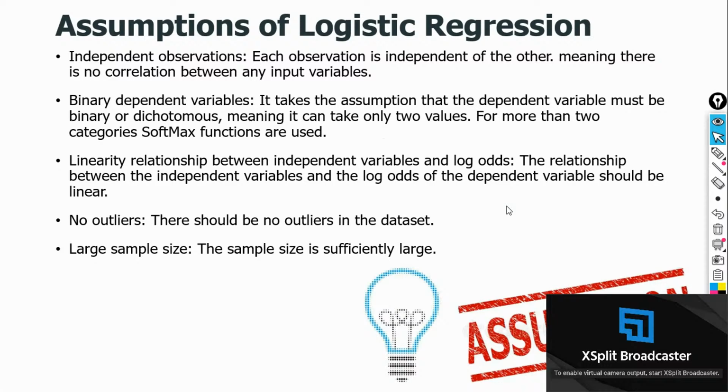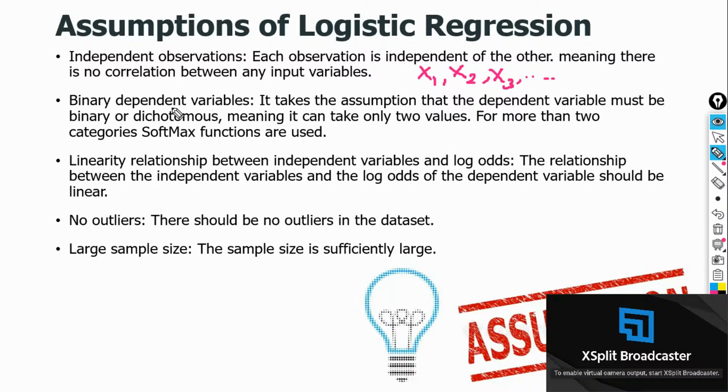Now let us talk about the assumptions that logistic regression follows. Logistic regression assumes that the observations are independent. Each observation should be independent of the other. That means there should not be any correlation between the input variables. The correlation among these variables should be very weak.